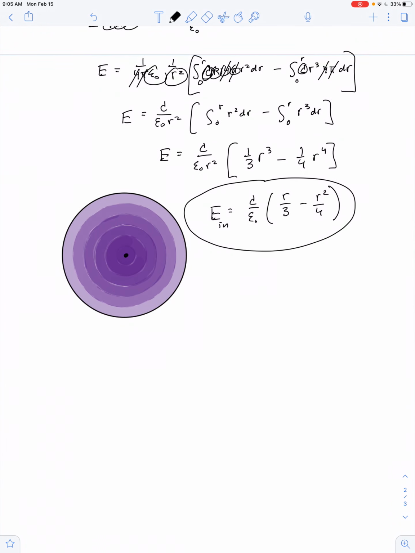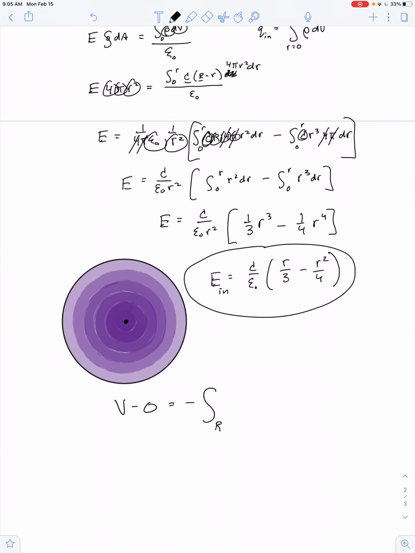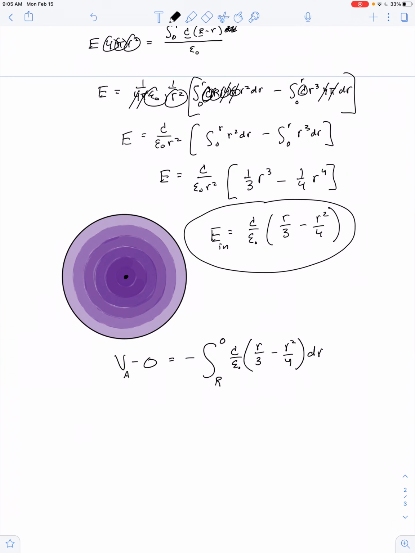So the electric potential at the center of this non-uniform plastic sphere is equal to negative the integral from capital R to 0 of c over epsilon naught times r over 3 minus r squared over 4 dr. I'm really saying V_A minus V_B. V_B is 0, and so I've just dropped the subscript A. And so we're integrating from the surface to the center, right? From B to A.